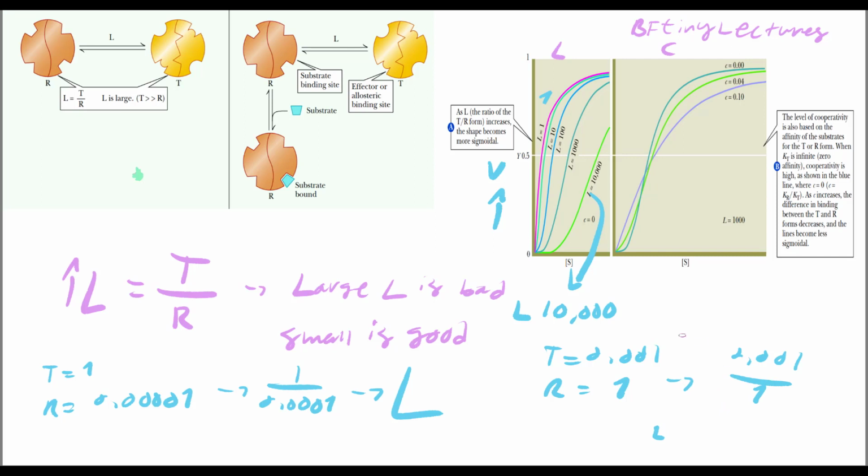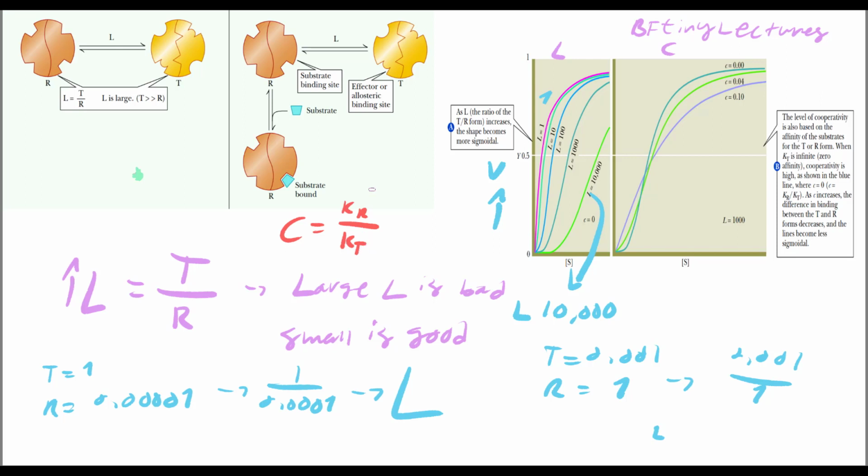But now let's talk about the C value. So the C value is different. The C value, you want it to be very large. Why? Well, the C value is equal to the affinity of the enzyme to the substrate in the relaxed state divided by the affinity of the enzyme to the substrate in the tight state. Okay?